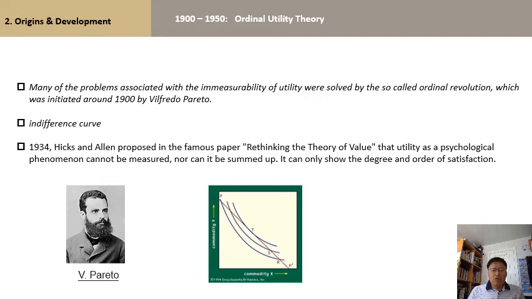People compare two commodities and try to find the equivalent point. However, Hicks and Allen proposed in the famous paper Reconsideration of the Theory of Value that utility as a psychological phenomenon cannot be measured, nor can it be summed up. It can only show the degree and order of satisfaction.